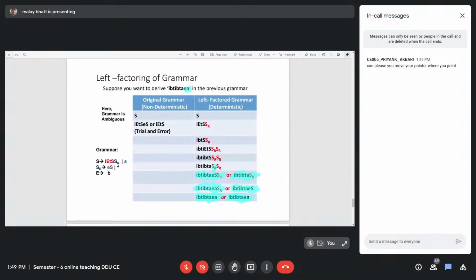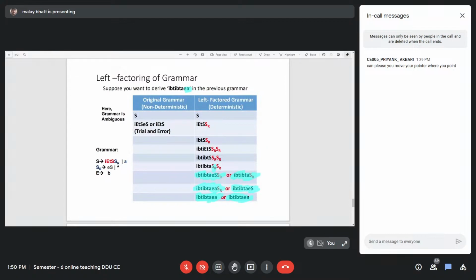So IBT, IBT, AEA, AES, AES, and then the last S we are replacing with A. As you can see here, because our grammar is an ambiguous grammar, we cannot achieve the complete goal through left factoring.